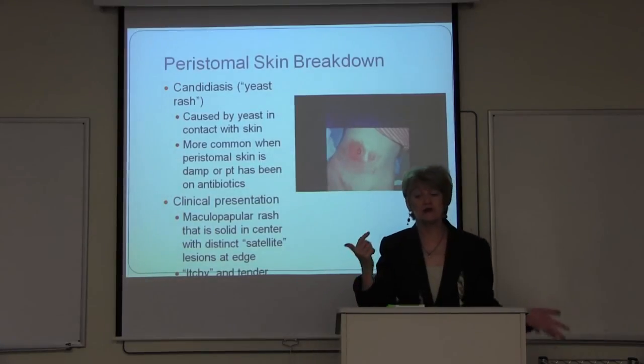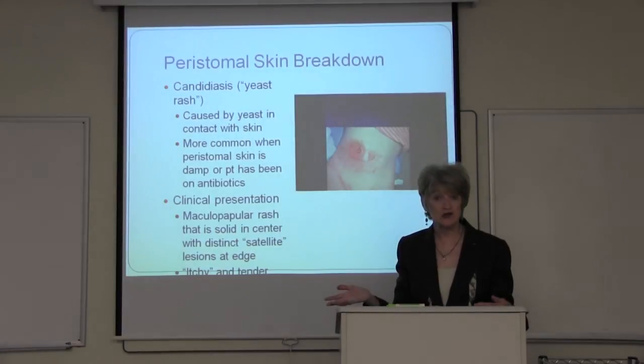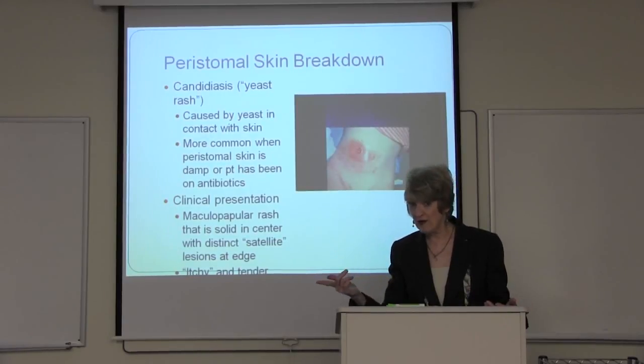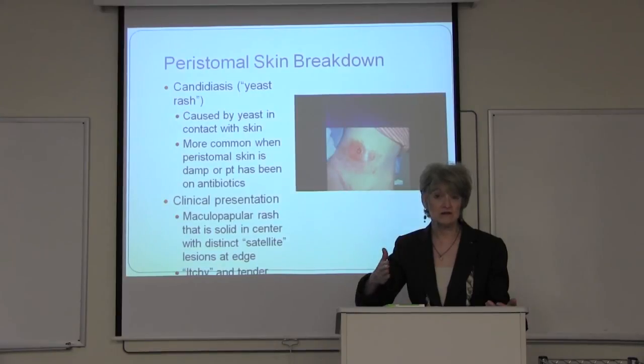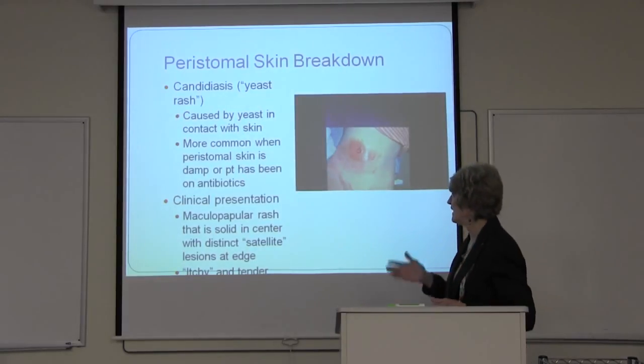This little girl, 10 days prior to this clinic visit, had gone to her pediatrician, fever, sore throat, diagnosed with strep throat, put on antibiotics. She had a urinary diversion. You can follow it out. The antibiotics, of course, knocked off the bacteria. She got yeast overgrowth, urine carried yeast out into the skin, and she has a severe candidiasis.